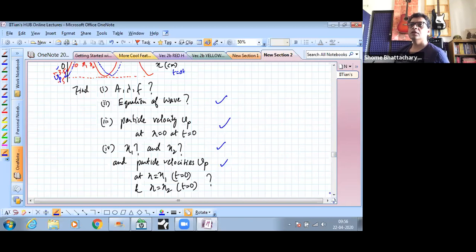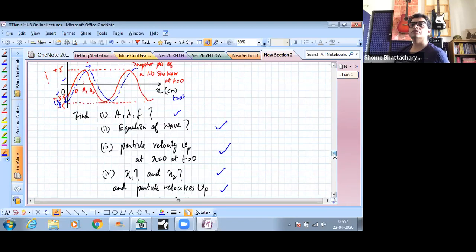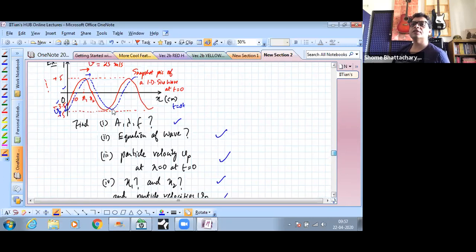So let's quickly check in the graph which were the points x1 and x2. This point was x1, the point where the phase becomes plus pi by 2, or the displacement becomes plus the amplitude.